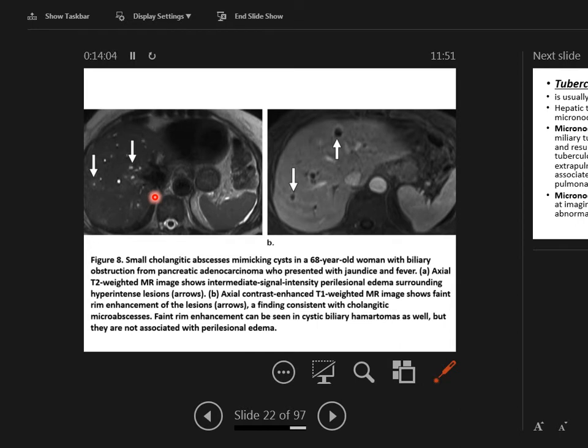But there's some edema surrounding it, indicating that this is not a simple cyst. There's something wrong over there. If you go to the post-contrast image you can see the enhancement, it's very obvious. So this enhancement plus the surrounding edema, and multiplicity of small lesions, should give you a favor of abscess.